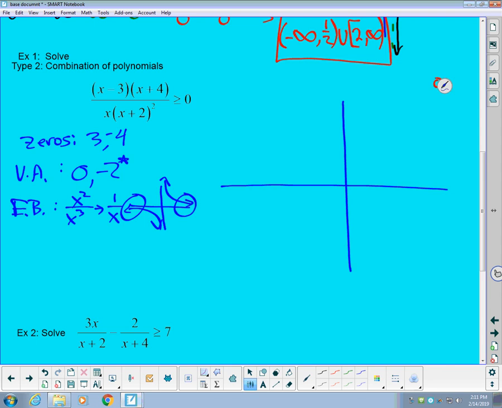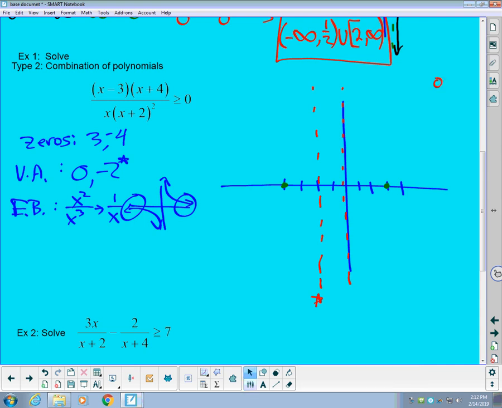On my x's, I need to go 1, 2, 3, I'll go out to 4, and to -4 this way. My zeros, going to cross the x-axis there, and back here I have vertical asymptotes at 0 and at -2. Something odd going on at that one.